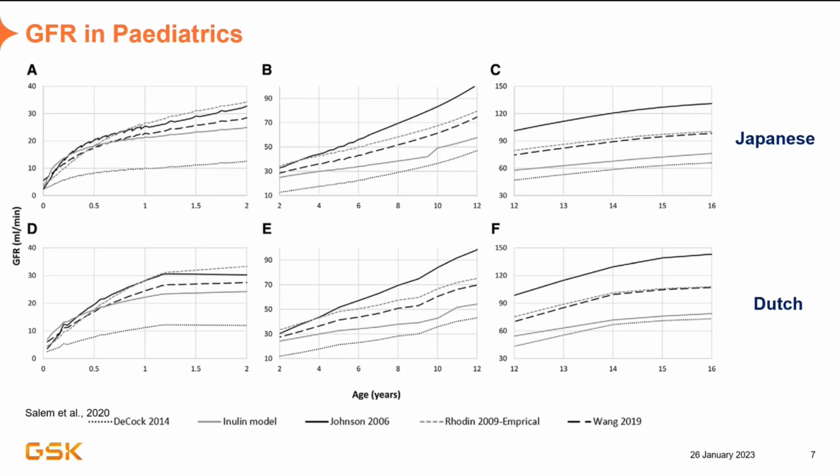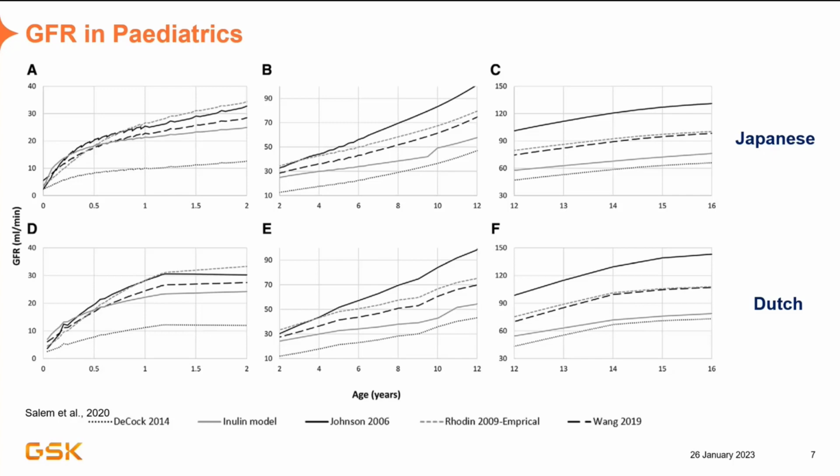Another important thing that we need to bear in mind is the population when the parameters are measured, based on the size. The top one is the Japanese children, which are smaller, and the bottom one is the Dutch children that are taller and bigger in size. So when the GFR is estimated, we have to be aware of the size of the subjects too.